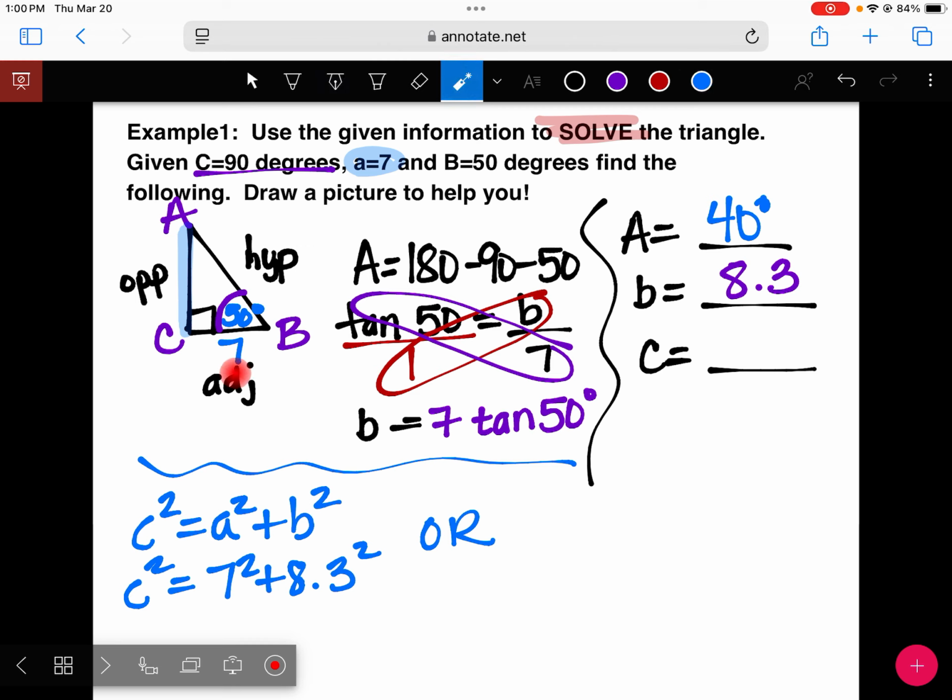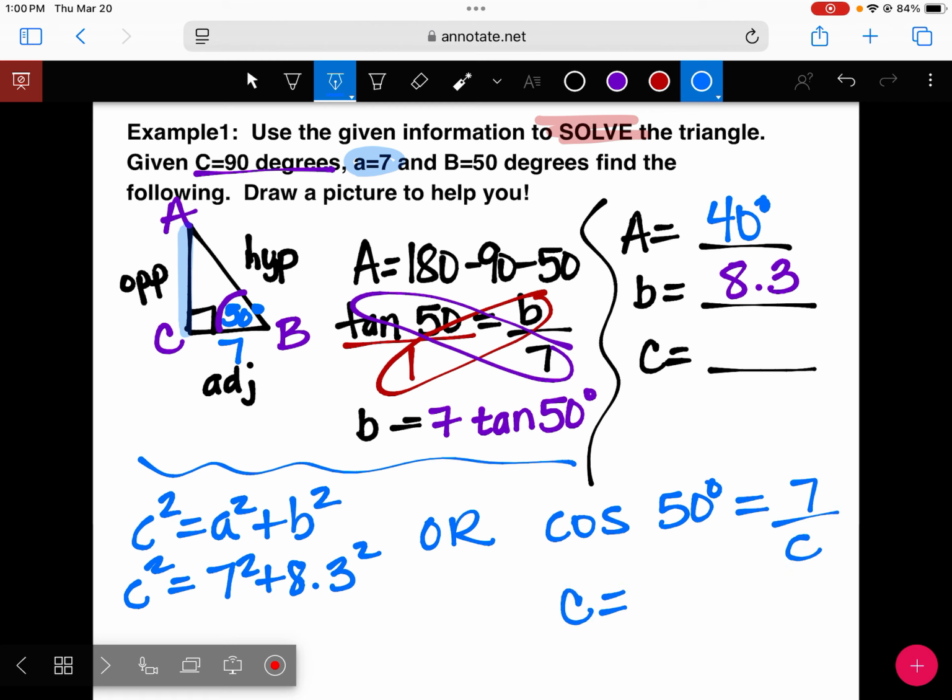If I know that 7 is adjacent and I'm trying to find the hypotenuse, what trig ratio uses adjacent and hypotenuse? Cosine. So that would be cosine 50 degrees equals adjacent over hypotenuse.